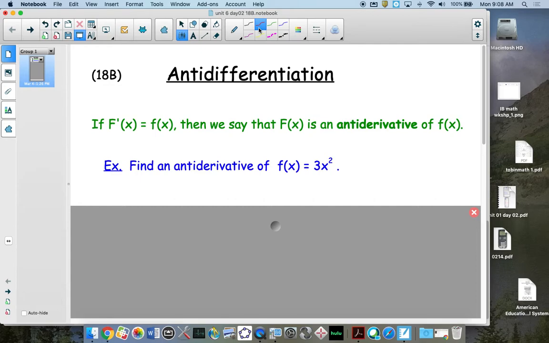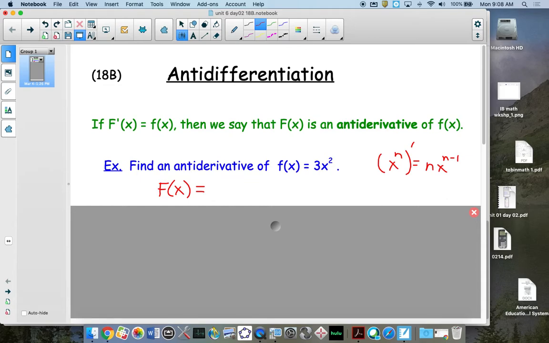Find an antiderivative of f of x equals 3x squared. So what that means is I want you to find a function, capital F of x, whose derivative is going to be 3x squared. Now, you know from the power rule that the derivative of x to the n is n times x to the n minus 1; we subtract 1 from the exponent.